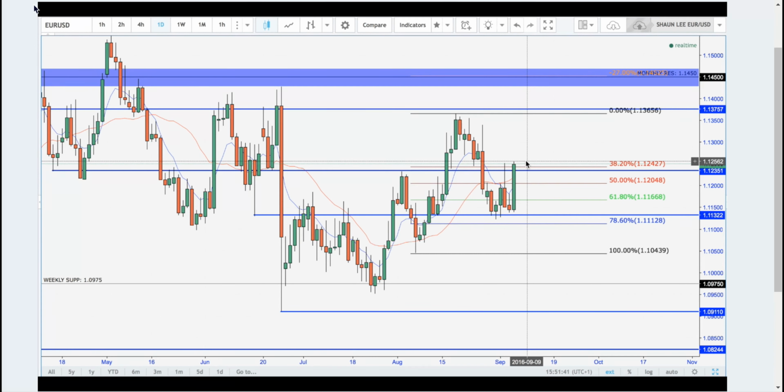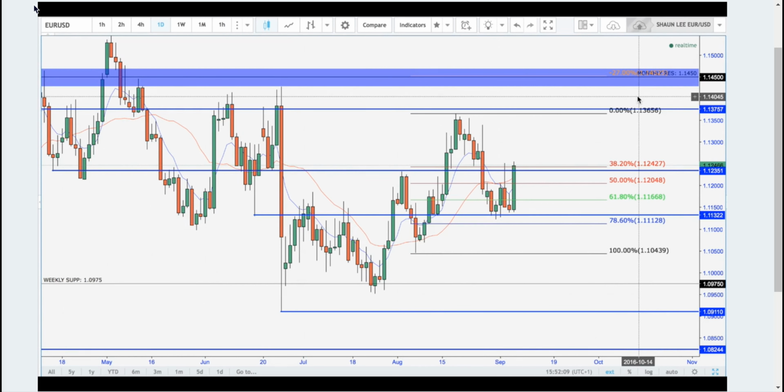So the overall bias on the Euro USD at the moment, at the end of tonight, is going to be a potential bullish run, and we have our target extension level layering directly on top of the 1.1450 zone. With that layer, that's a perfect confluence for me, and you will see this as you go along with your own analysis.